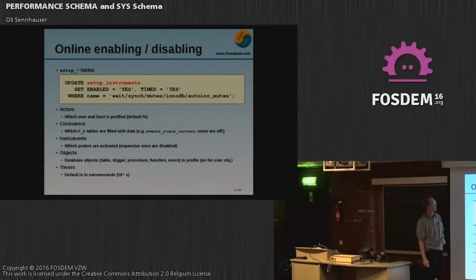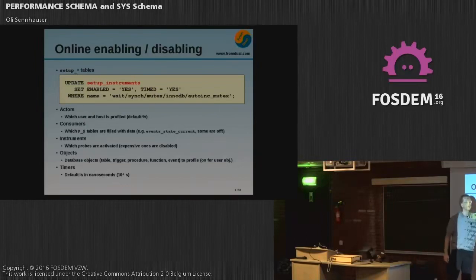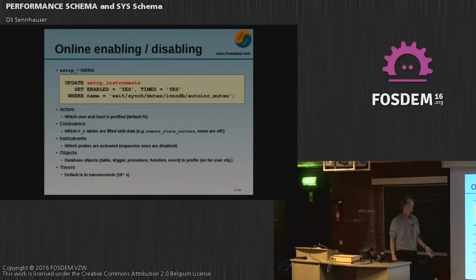So in this case, we want to enable the wait/synch/mutex/innodb/autoinc_mutex. That's an internal mutex which controls the auto-increment behavior of InnoDB. And we enable it by UPDATE on performance_schema.setup_instruments. And we say yes, it's enabled, and yes, we want to know how long it was running. Not only how often, but also how long.